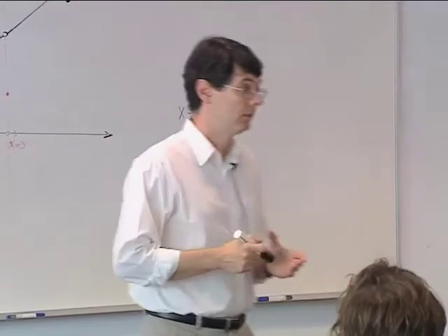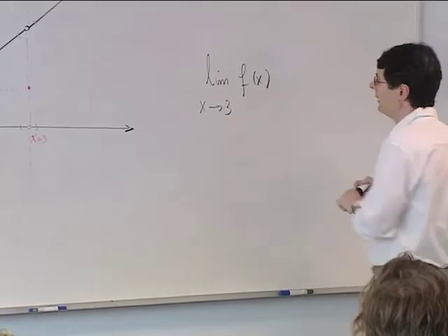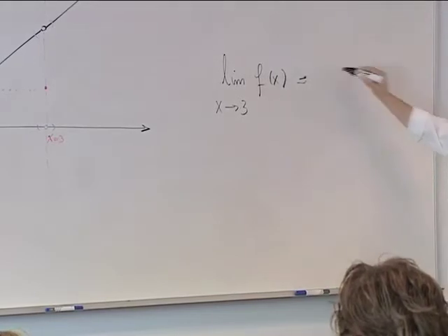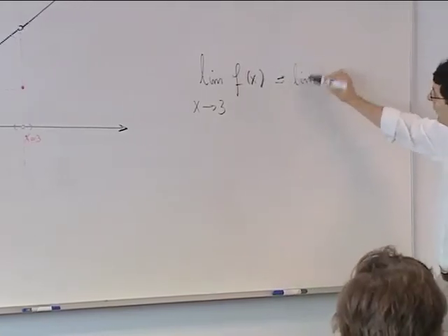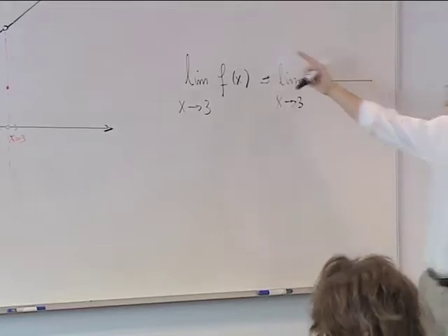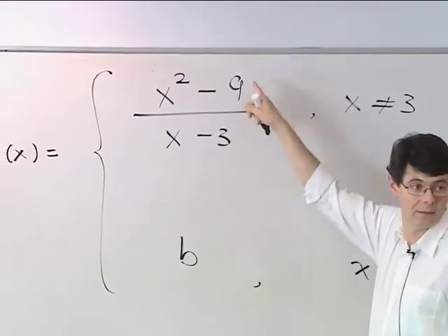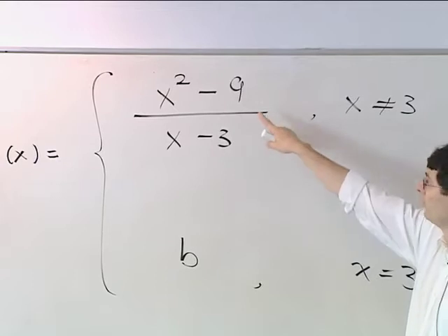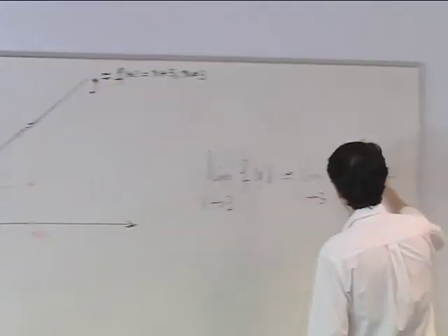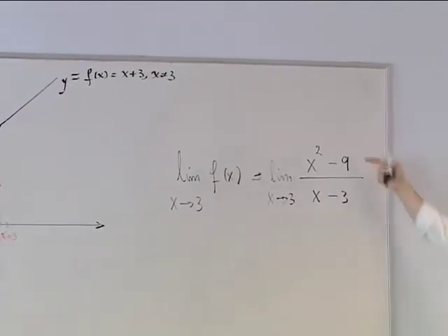Okay? But the important thing is, because you don't allow x to be 3, let's take a look at how this would work. Because you don't allow x to be 3, this is the limit when x goes to 3. I'm going to replace this expression here because x is not allowed to be 3, right? So I can use this formula: x squared minus 9 over x minus 3. Can I simplify?